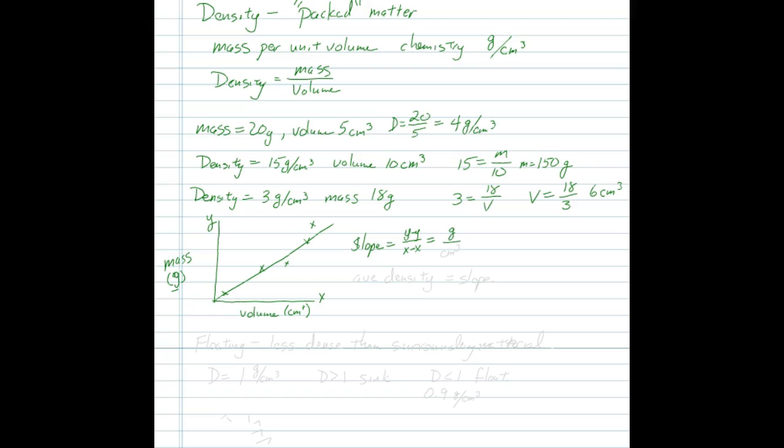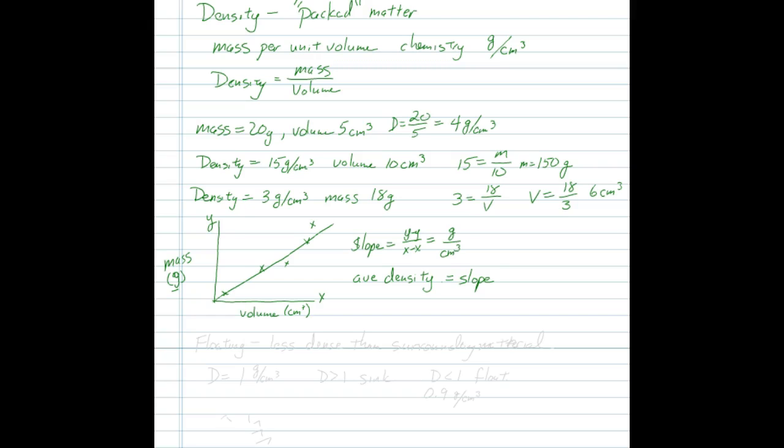Change in x is cubic centimeters, so that's the density. So the slope of that would be the average density for your lab data that you gather. So the average density is equal to the slope of a mass volume chart.